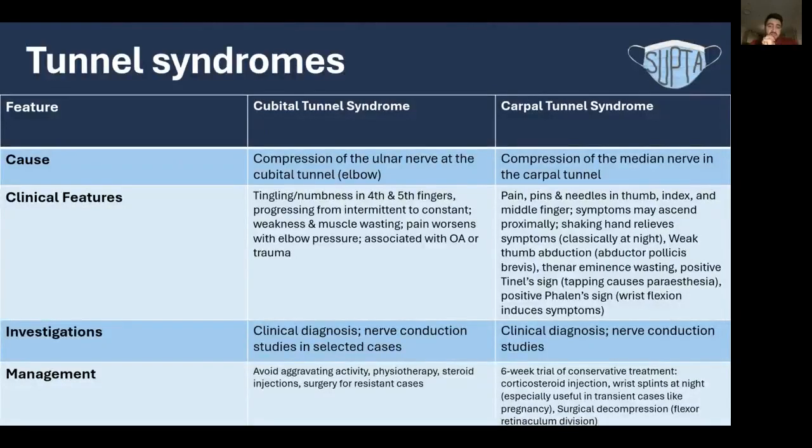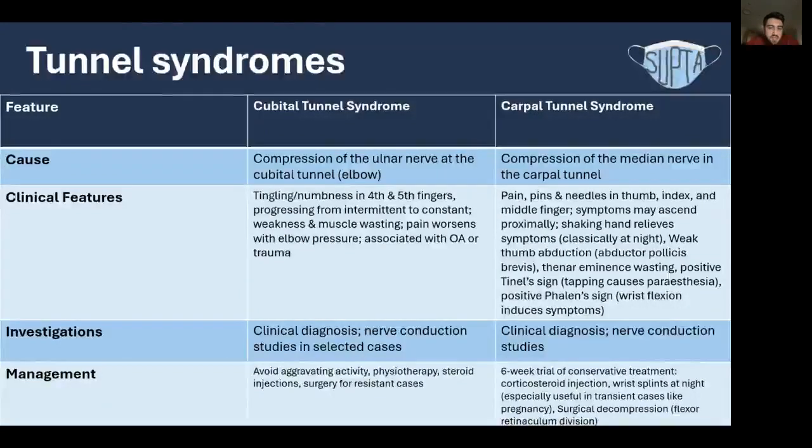Shaking hands is sometimes known to relieve the pain. Weak thumb abduction, thenar wasting, positive Tinel's sign. These are the findings of the examination. I just mentioned for the cubital tunnel syndrome, we might get wasting in the hypothenar region, not the thenar region.